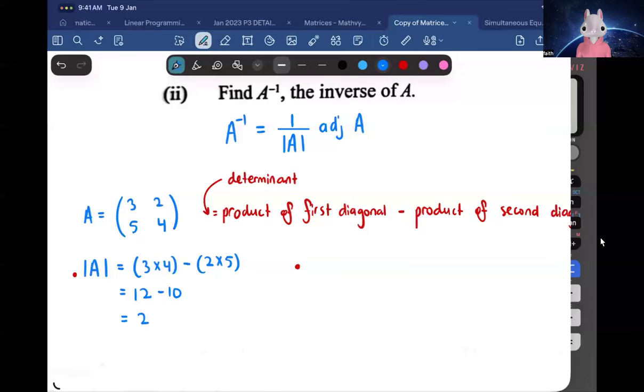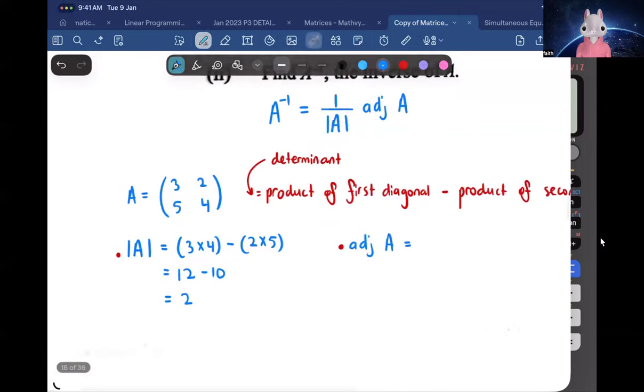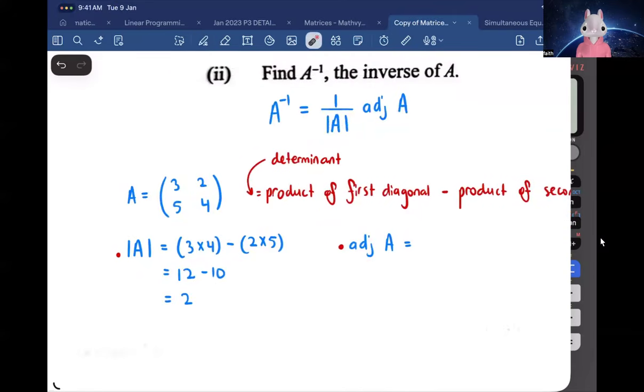All right, so adjoint of A now. Do you remember how to find the adjoint? No, I'm being honest. Okay, good. Honesty is good.